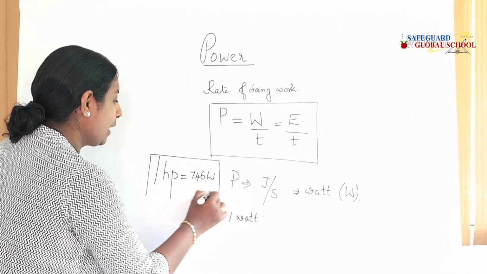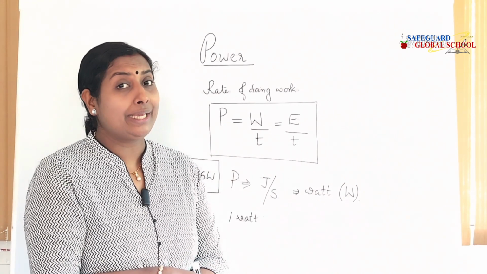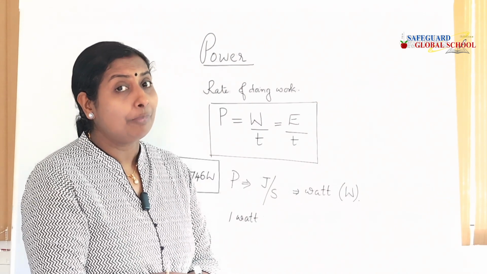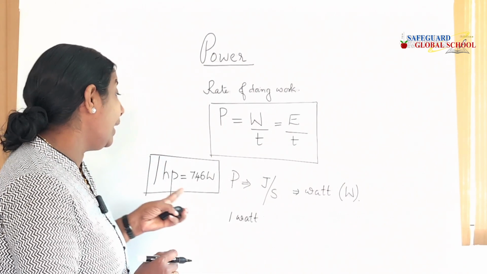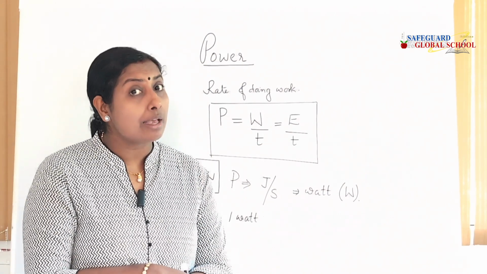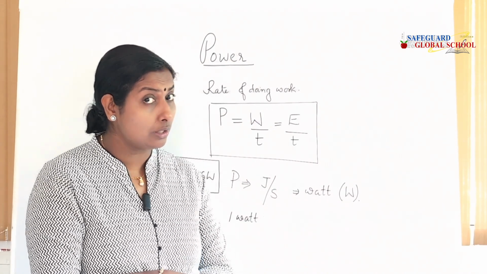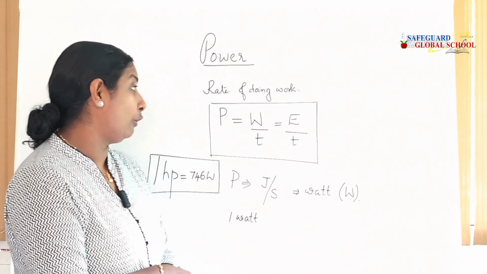This is additional information for you because there are so many machines. When you take the case of an electric motor, when you go to a shop, they will ask, what is the HP of the motor that you need? So 1 HP is equal to 746 watts. That means that it can deliver 746 joules in 1 second. That's all the concept of unit of power.